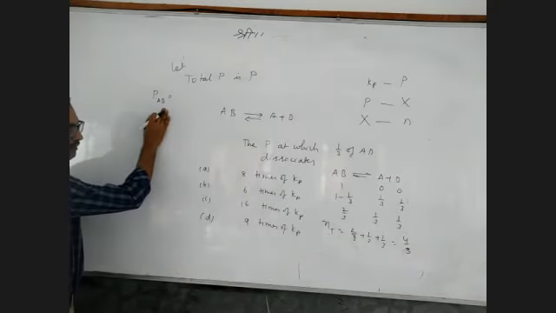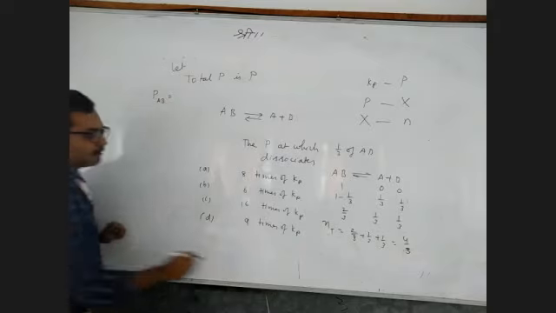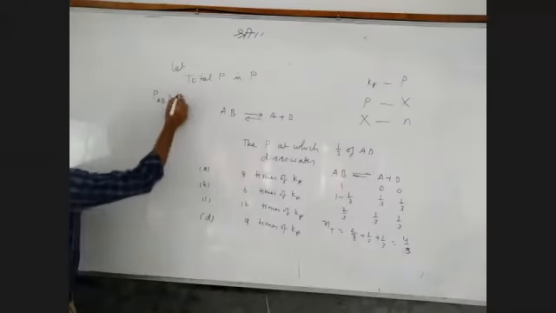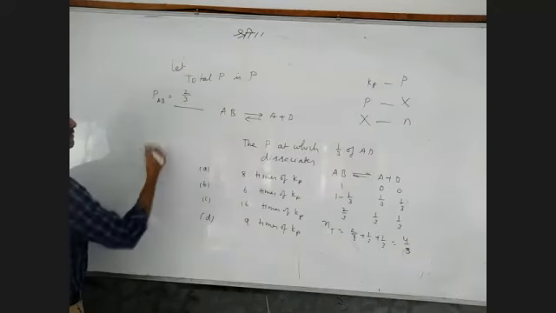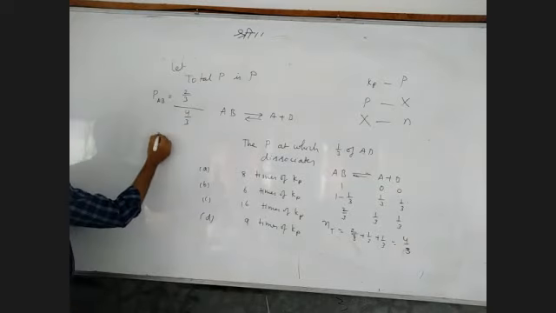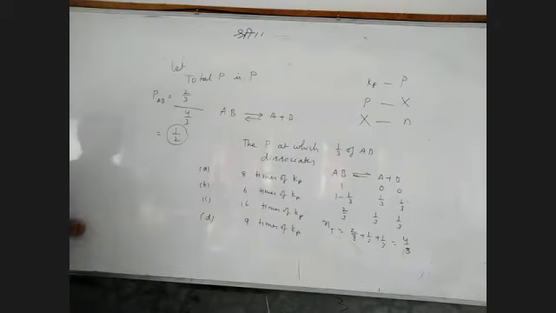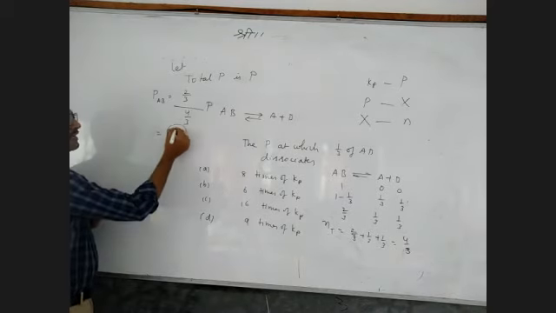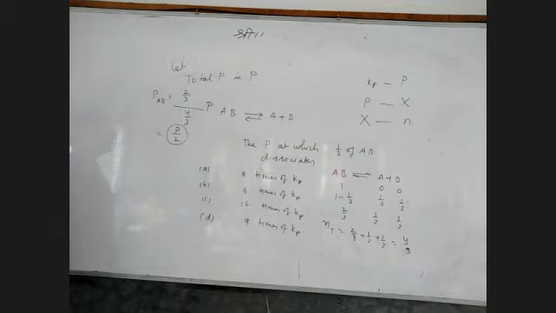So partial pressure of AB is equal to mole fraction of AB, how much? 2 by 3 by 4 by 3. So 3 will get cancelled, into total pressure P. So I can write P by 2. Yes or no?